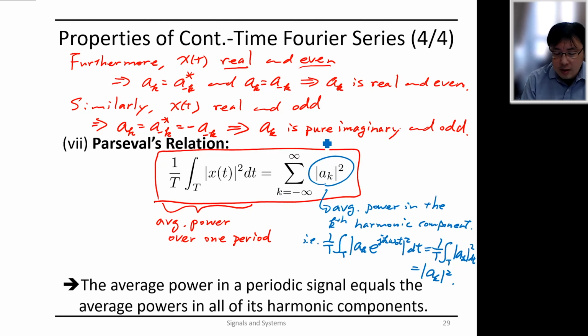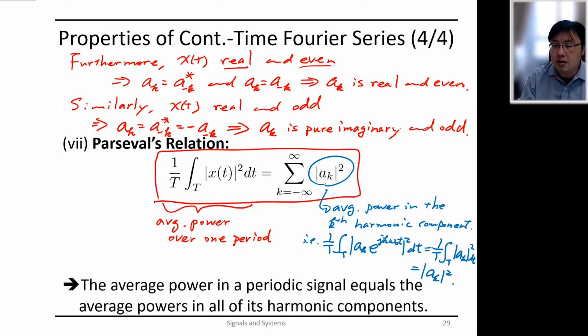So this relation here can be proved by directly inserting the Fourier series representation of x of t inside this integral here.